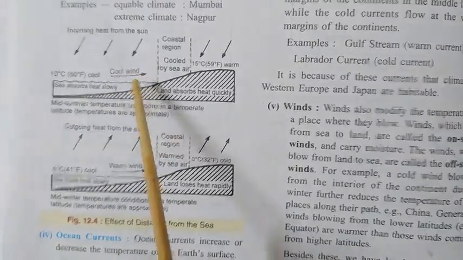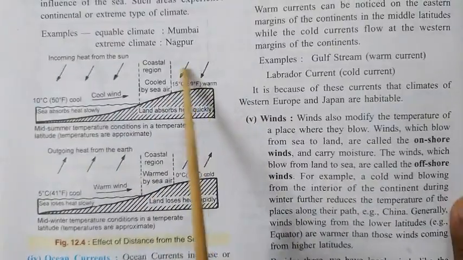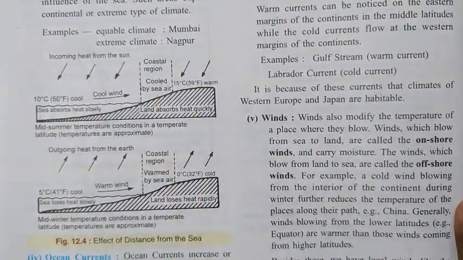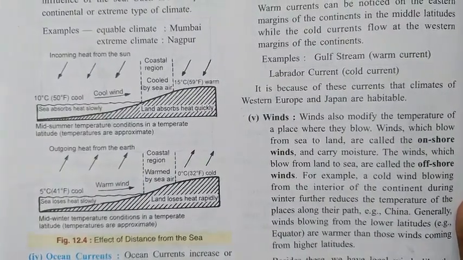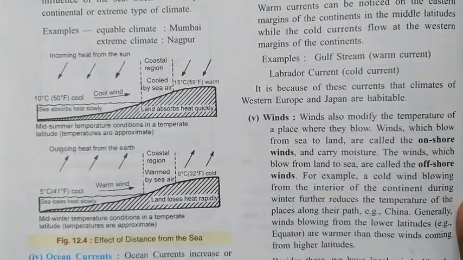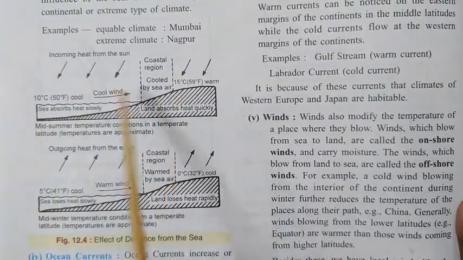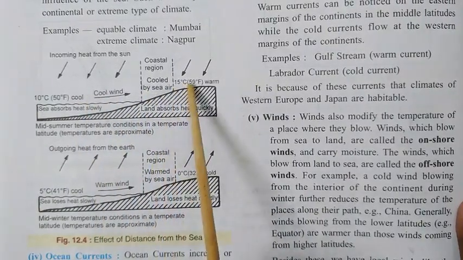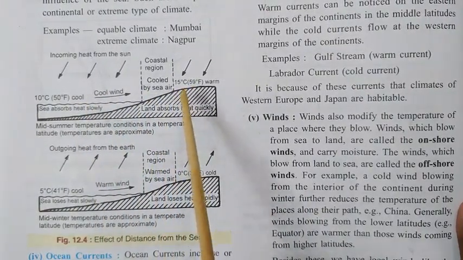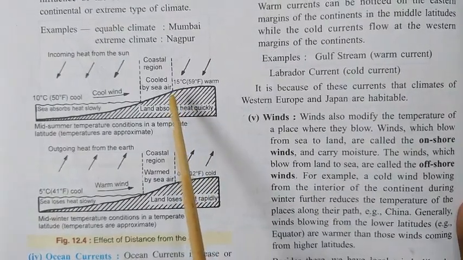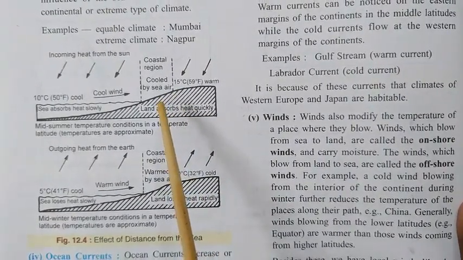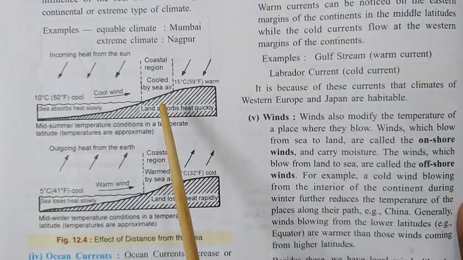During the day the wind blows from the sea, during the night the wind blows from the land, and we call it sea breeze and land breeze. Because of this sea breeze and land breeze, which continuously blow in the coastal areas, the temperature is maintained, and that's why in coastal areas the weather is moderate, neither very hot nor very cold.